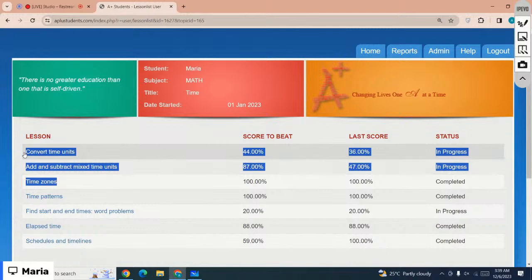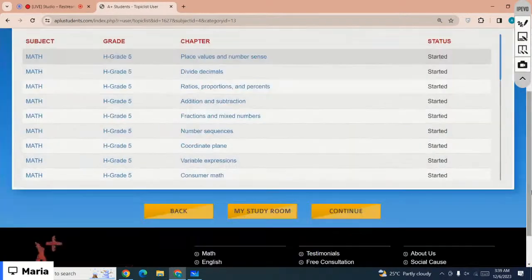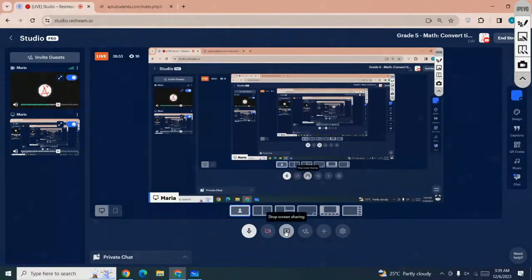So please make sure before the next session you complete all the practice questions for the lessons we did today. If you need more help with any of the lessons, you can contact any tutor on Skype. They are available from Monday to Friday, 5 to 9. Or you can join me in the interactive session that will be daily from 4 to 5 and from 9 to 10. If you have any question related to the lesson we just did, you can ask.